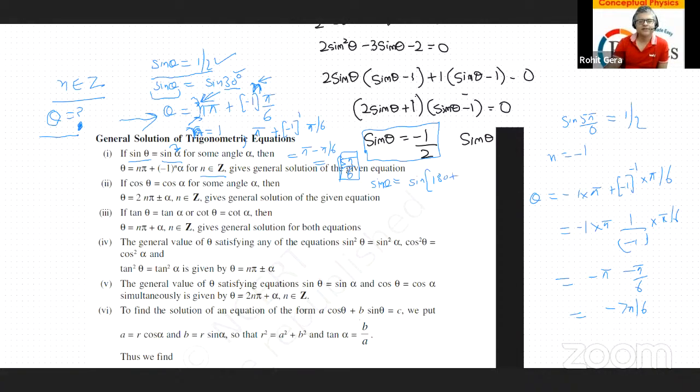So let's say 180 plus 30. Sine of 210 degrees पे it is -half. So 210, if you have to convert it, it is pi upon 180, 7 by 6 pi. Right, so theta is equal to 7 by 6 pi is one.